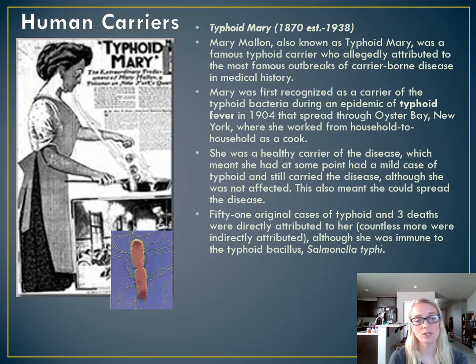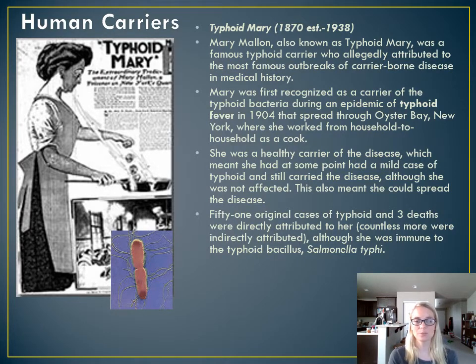So this example that I showed here is a really famous human carrier called Typhoid Mary. You may have heard that name before. She was a cook back in, looks like, the late 1800s, early 1900s, where she would go around, and she was an asymptomatic carrier of typhoid fever. And so a lot of the families that she cooked for came down with this disease, and some of them actually died.